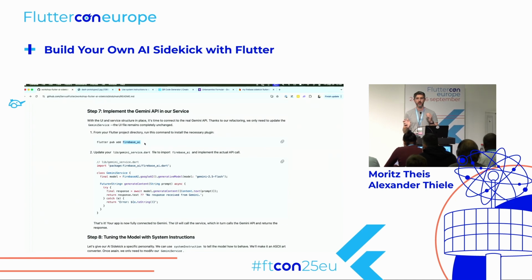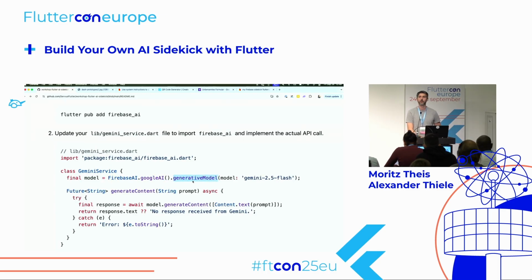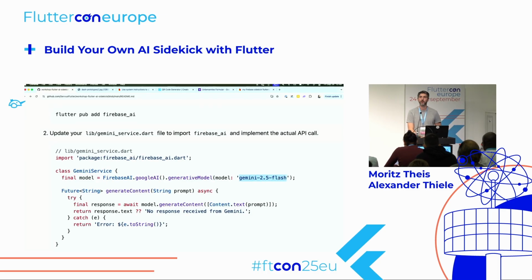They really made it fantastically easy to integrate the Gemini SDK into your Flutter application. It's just adding this dependency, and then you can use the Firebase AI class or objects and functionality and use Google AI, for example, and then you can use the generative model. And of course, you can specify the model that you want to use.